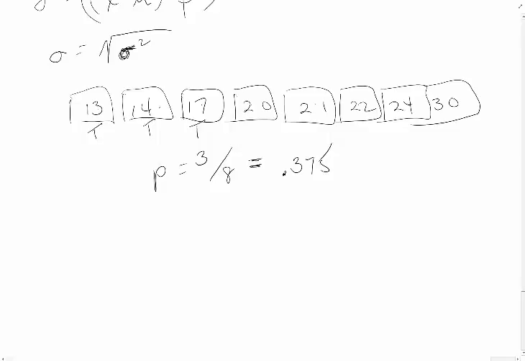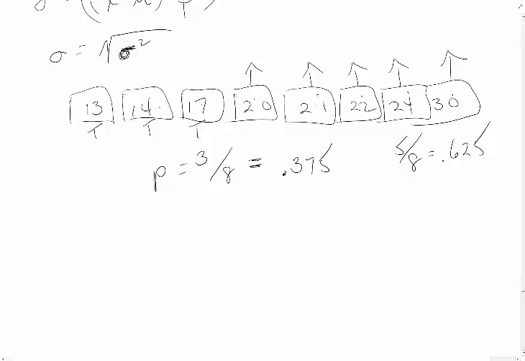So the next question is, what is the probability of selecting a participant who is at least 20 years old? So this person is 20 plus, this person is 20 plus, this person is 20 plus, this person is 20 plus, this person is 20 plus. So we have 1, 2, 3, 4, 5 of the 8 are 20 plus, and that equals 0.625.